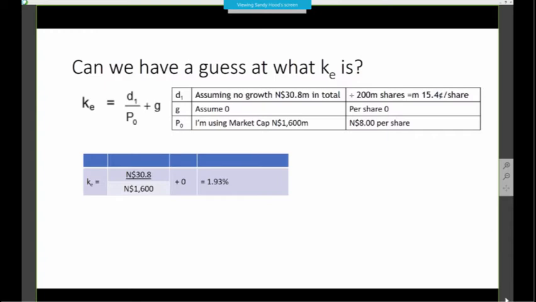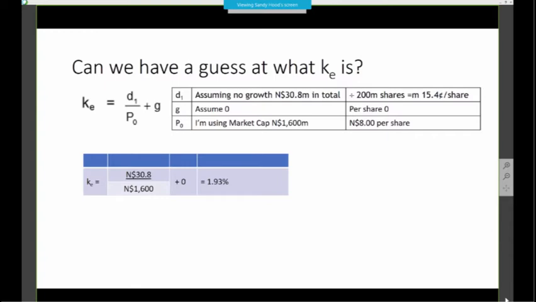And I tend to work out my cost of equity using the big numbers because it saves a lot of extra sums. But for your benefit, I've done a table here which shows both the dividend and the dividend per share.